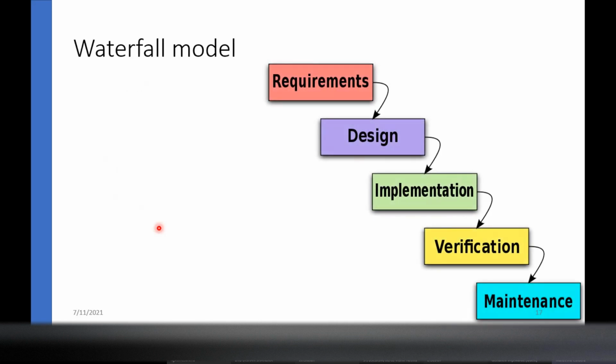The waterfall model. This is a sequential method. Last week I introduced you to this waterfall model, and I discussed it to some extent. Now you know what waterfall is.